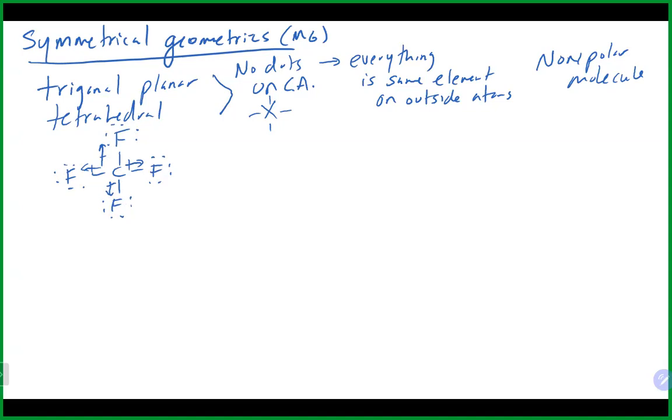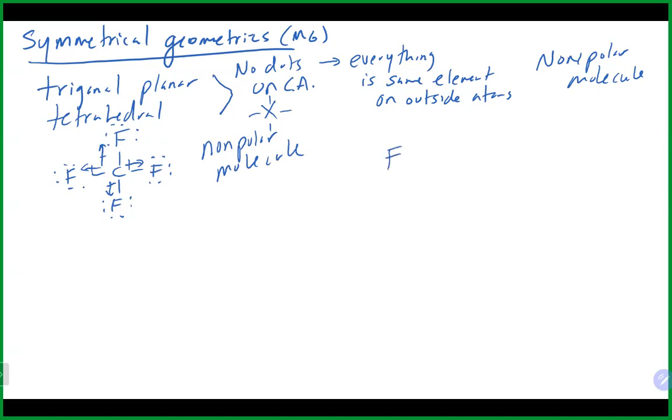That means they're all going to end up in the opposite corners of this tetrahedral, which are equal and opposite of each other. So like everybody pulling from the corners of a rope, the rope's not going to go anywhere, right? They're going to cancel each other out. So even though it has polar bonds, because of that symmetrical geometry, all of those dipoles will cancel each other out and this molecule will be nonpolar.